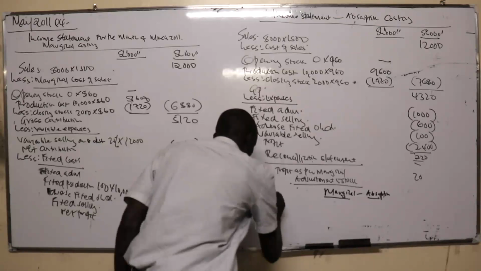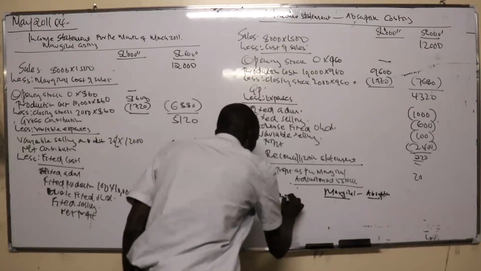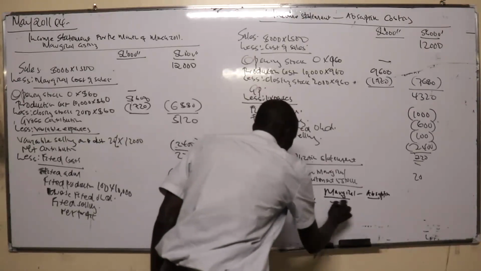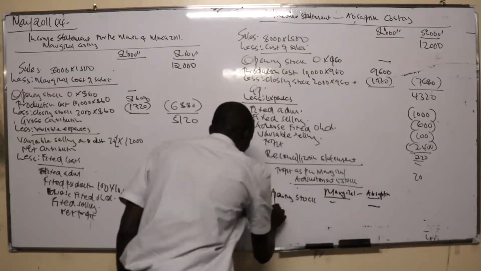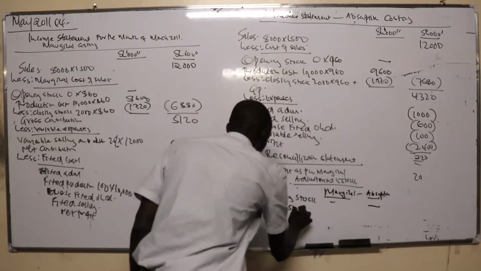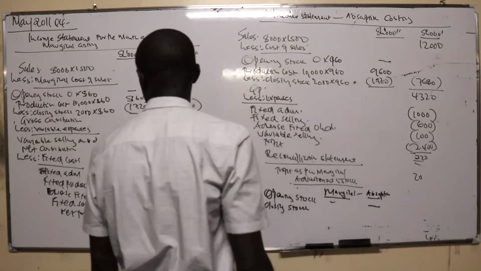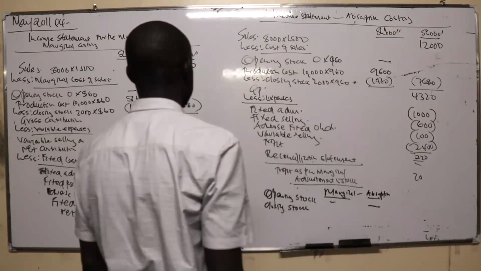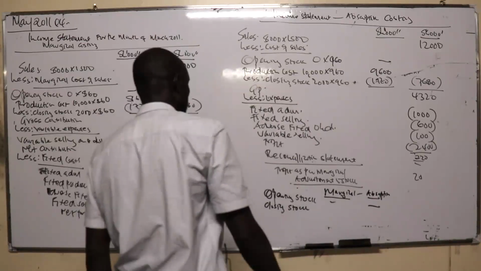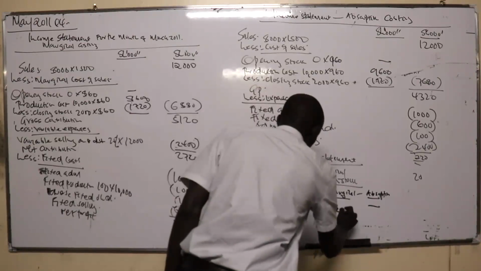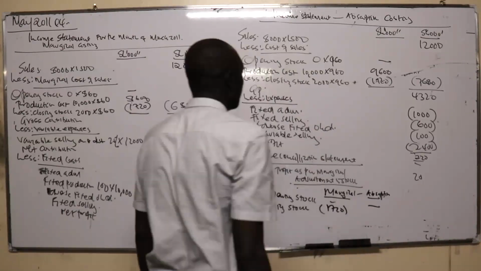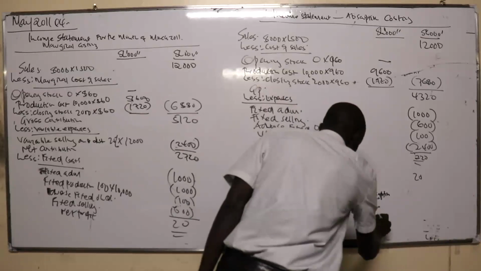So we have the opening stock, which is dash dash, and then the closing stock. The closing stock here is 1720. You minus, and here is 1920.